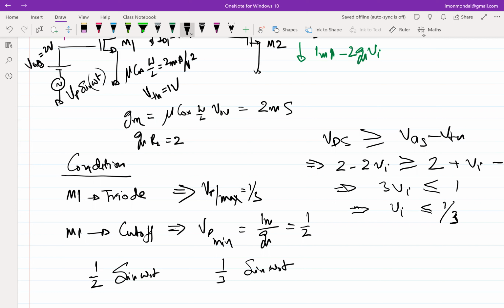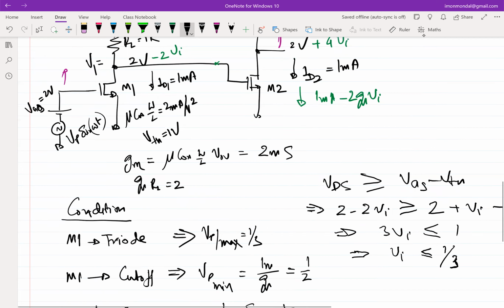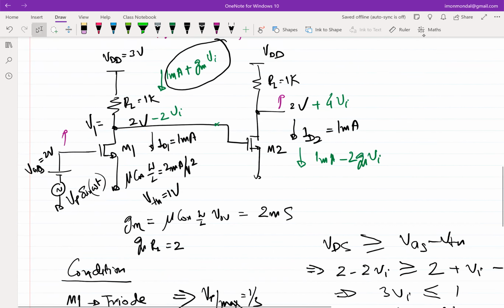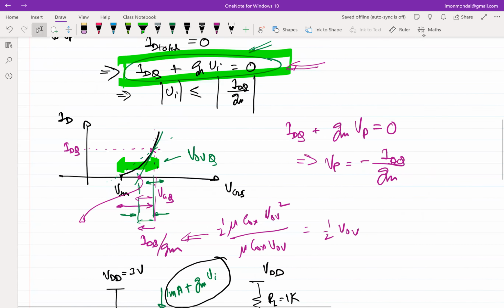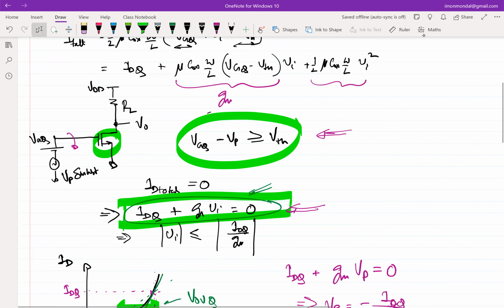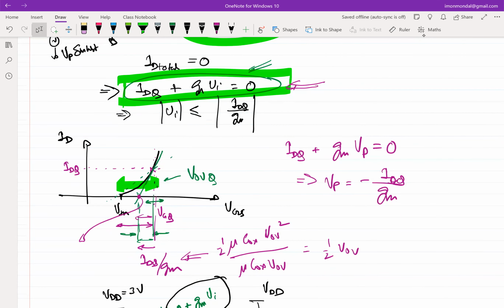Which point? Like for the cutoff, we can also apply the VGS, I mean the total gate voltage is less than VTH. Yeah, you can, but that's what I referred to here, right? When you say total gate voltage is less than VTH, then what are you saying? You are saying that it's okay for me to deviate from the quiescent point all the way to here. When you deviate so much, you incur a lot of distortion.